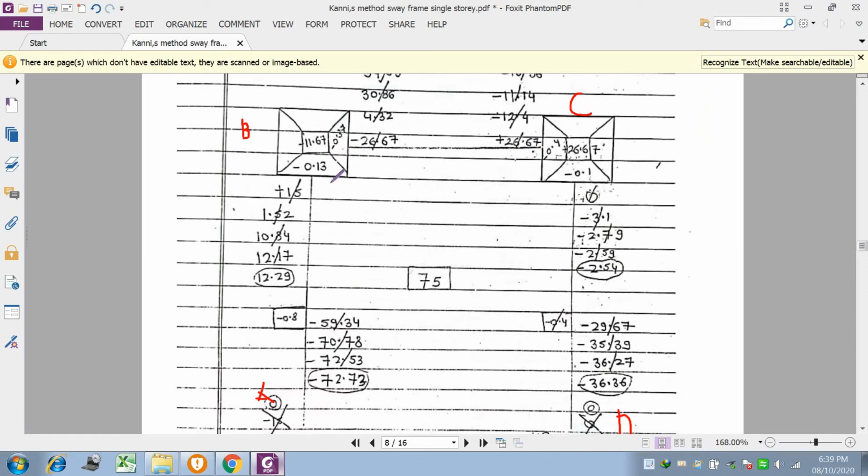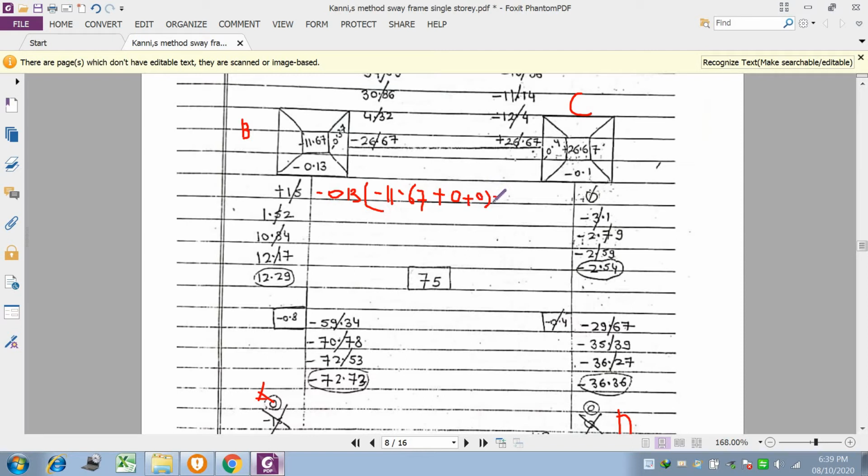Let us see how this value will come. Outside the bracket you write the rotation factor value 0.13, in bracket write the central value 11.67, plus far end value 0 plus 0.